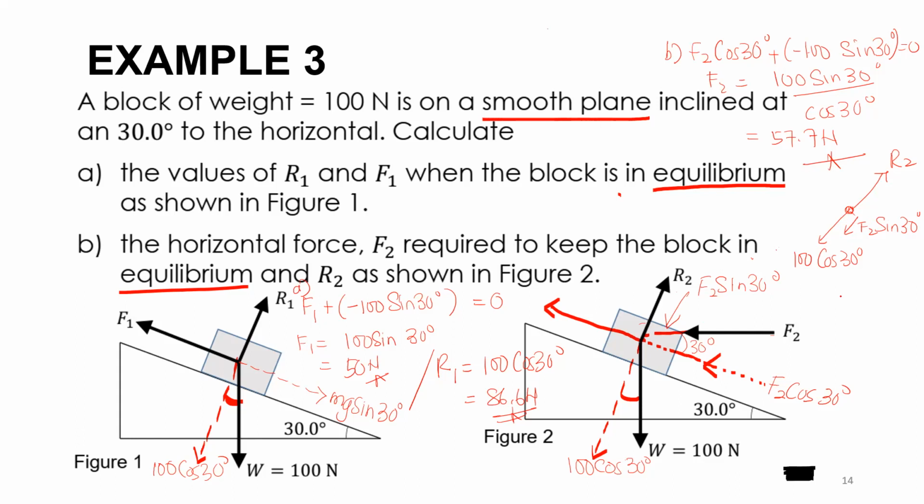So according to that, if I write the equation, my R2 minus 100 cos 30 degrees minus F2 sine 30 degrees equals 0. So then eventually you will be able to get your R.